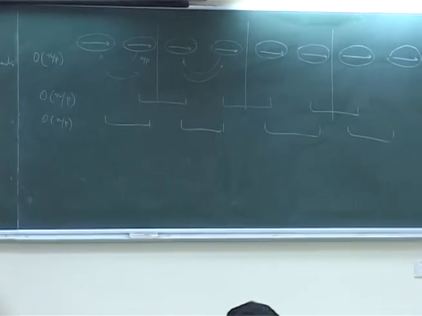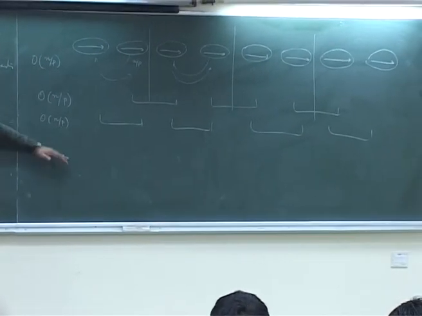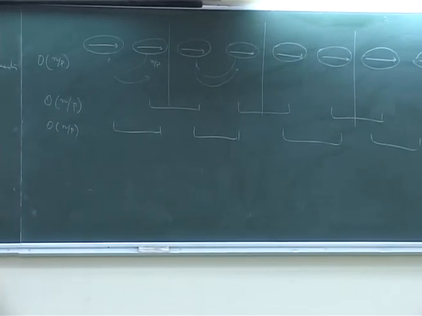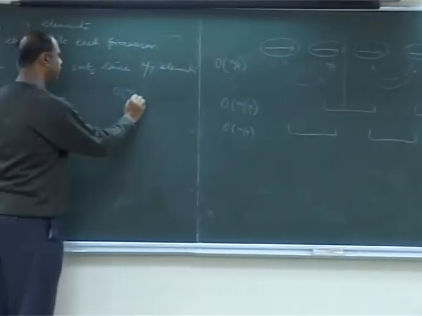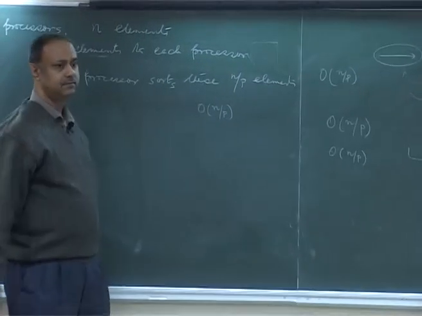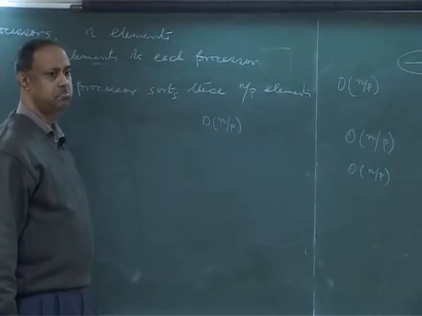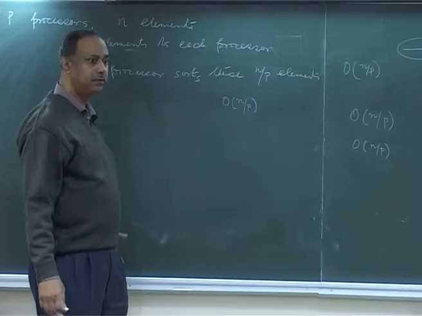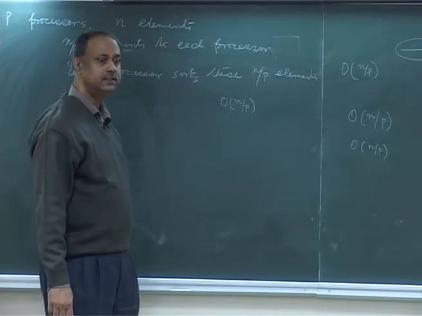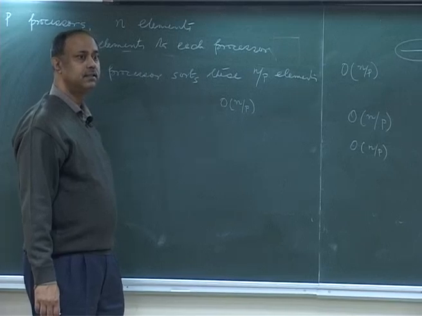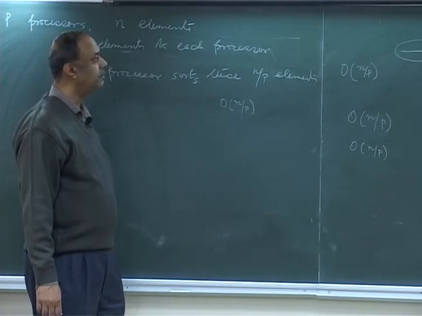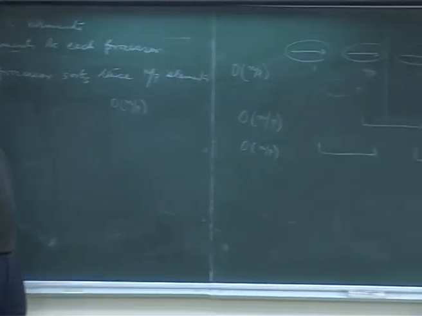Right. So, what is the time you need? Each time you need n by p. Why? I am not increasing any size. Why 2 n by p? Where are you getting 2 n by p?